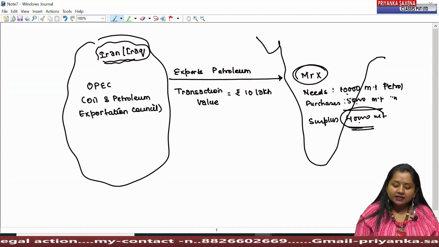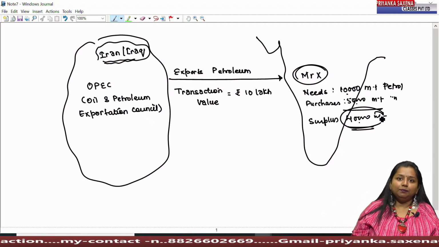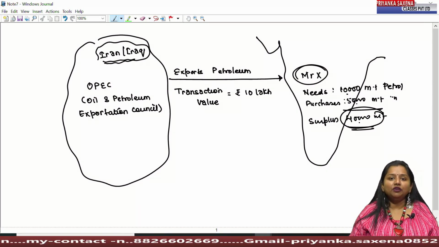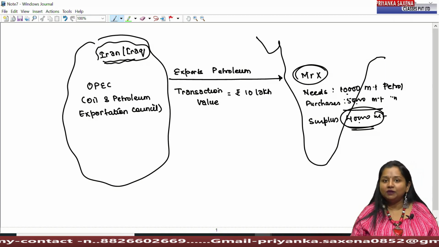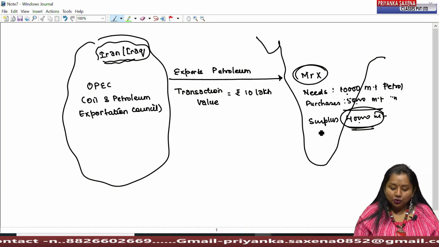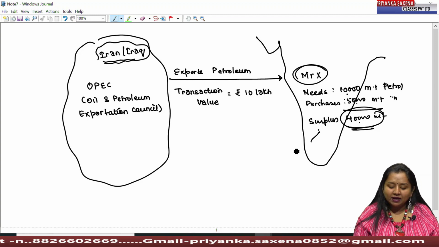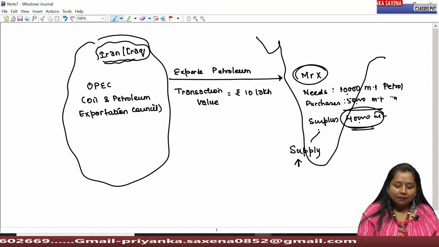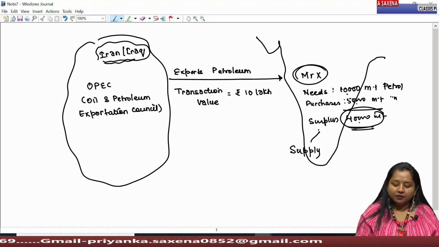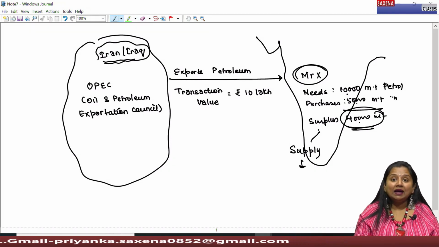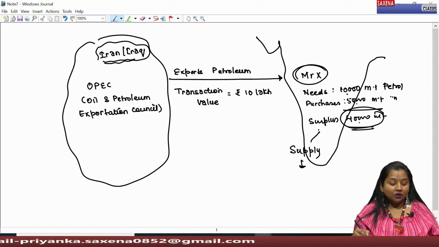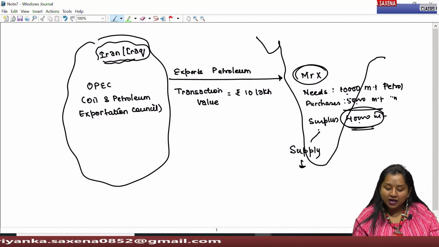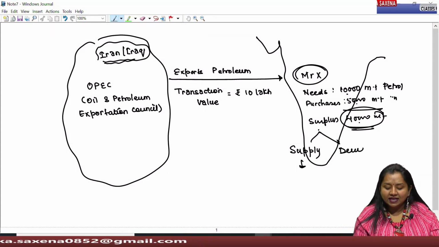And since he is procuring a higher amount of a scarce resource such as petroleum from the market, the supply in the market gets reduced over a period of time. Supply getting reduced because he keeps overstocking this product in his warehouse, and its demand getting increased, it would result in an increment in price.